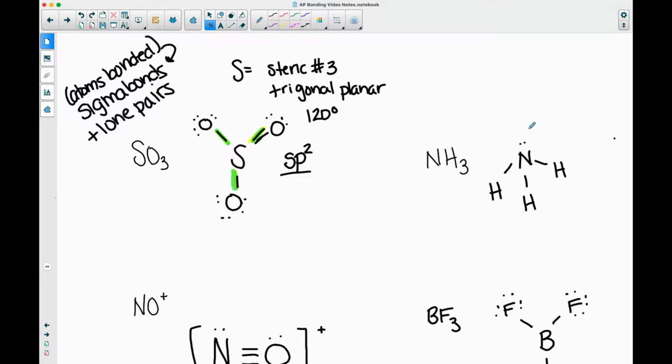For NH3, once again, we're going to count the atoms bonded, 1, 2, 3, or sigma bonds, 1, 2, 3, plus lone pairs. And for N in the NH3, the steric number is 4. Whenever the steric number is 4, again, we start with s.